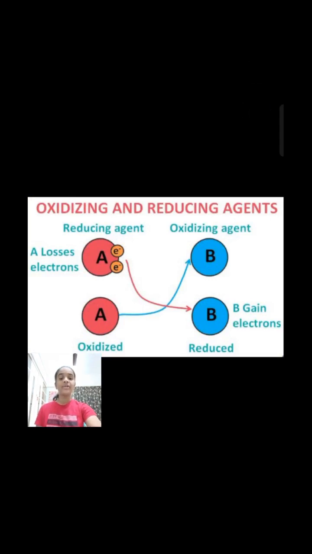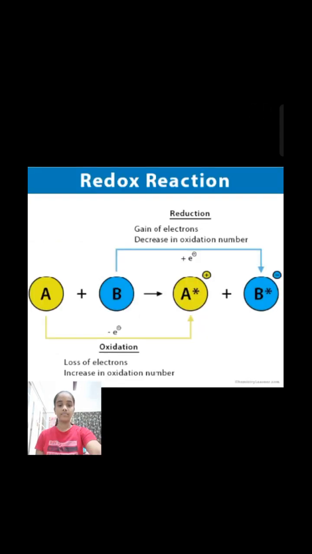The substance which gives oxygen or removes hydrogen is known as an oxidizing agent, and the substance which gives hydrogen or removes oxygen is known as a reducing agent. Now we will see redox reaction. Oxidation is the reverse of reduction. A reaction in which oxidation and reduction take place simultaneously is known as a redox reaction.